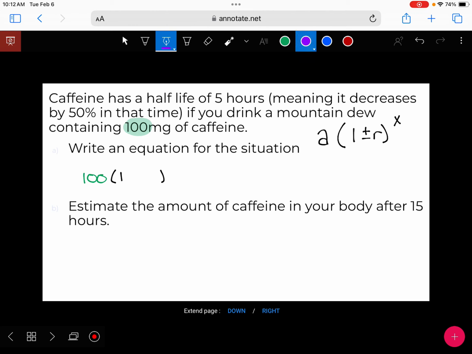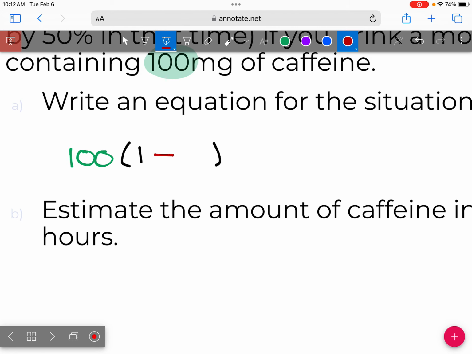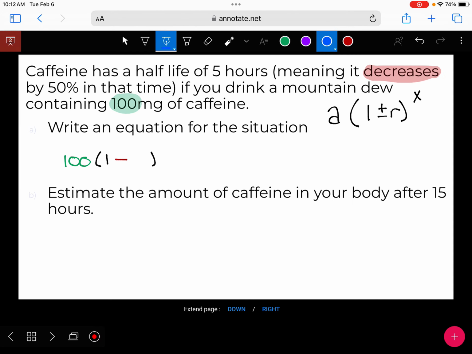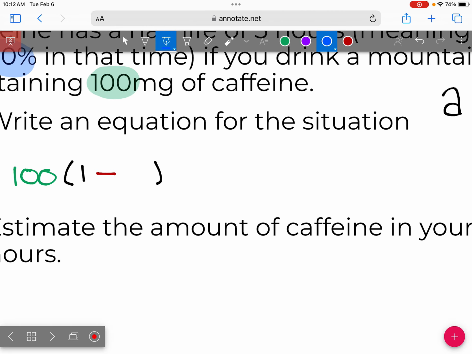Decay. Half-life always is a decrease. Always. So this is going to be a decay. By what rate? 50%. What's 50% as a decimal? Yeah, 0.50 or 0.5.